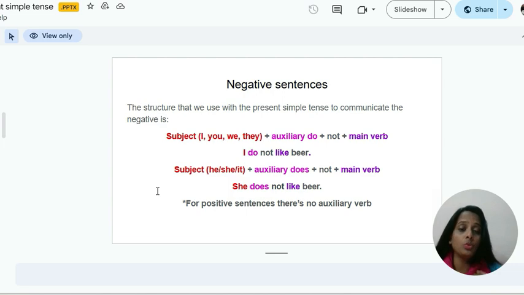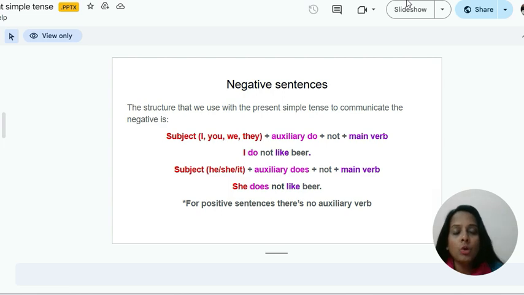So here when it comes to I, it's do. And when it comes to he, she, or it, we already have seen it is does. For positive sentences, there is no auxiliary verb. But if you want to emphasize that something is true, you can add do or does depending on the subject even in a positive sentence. This is more common in spoken English.